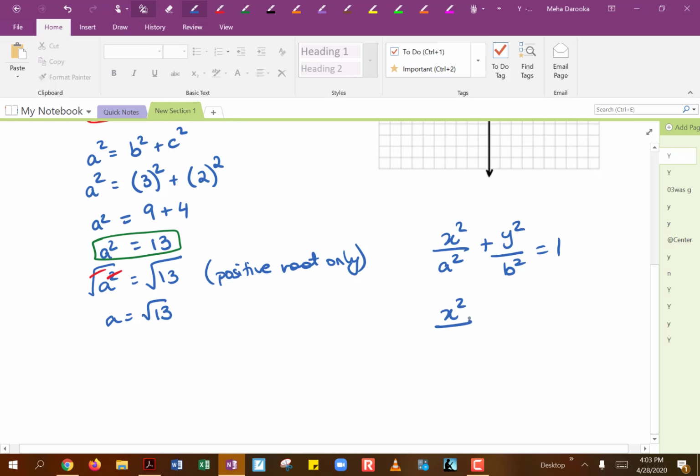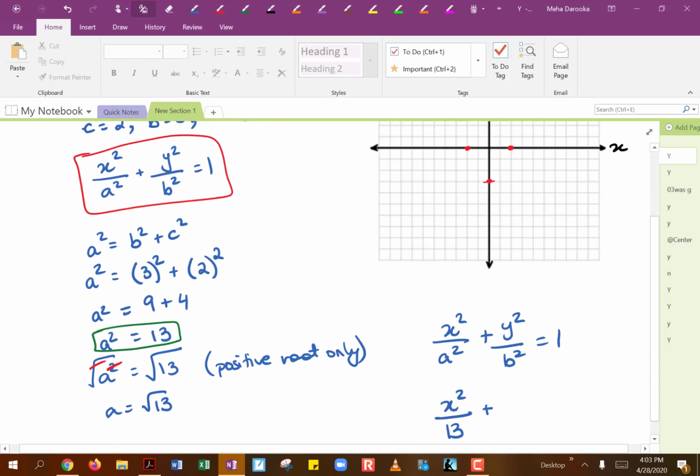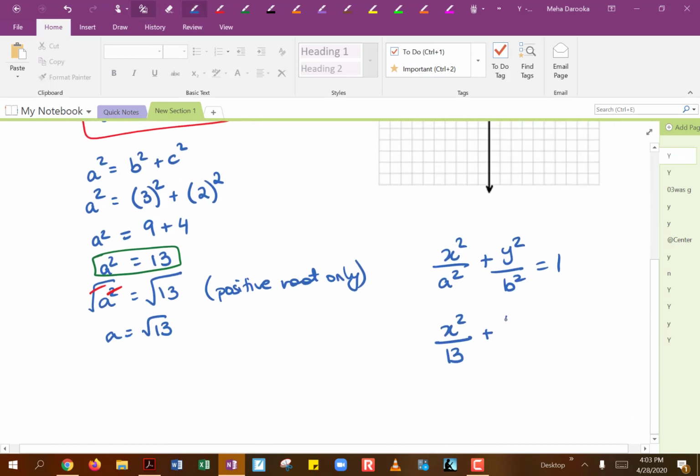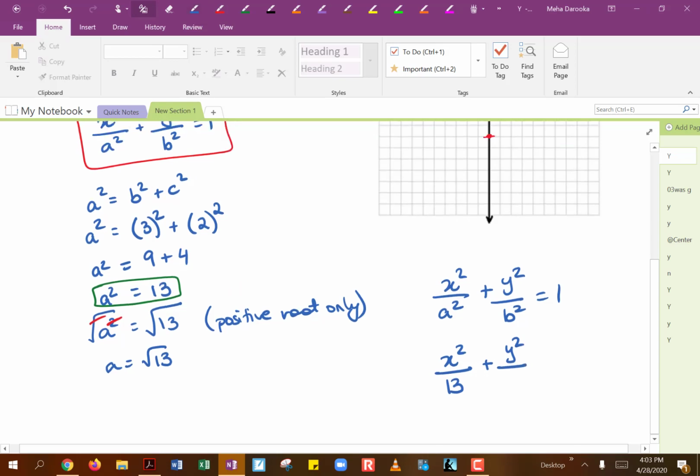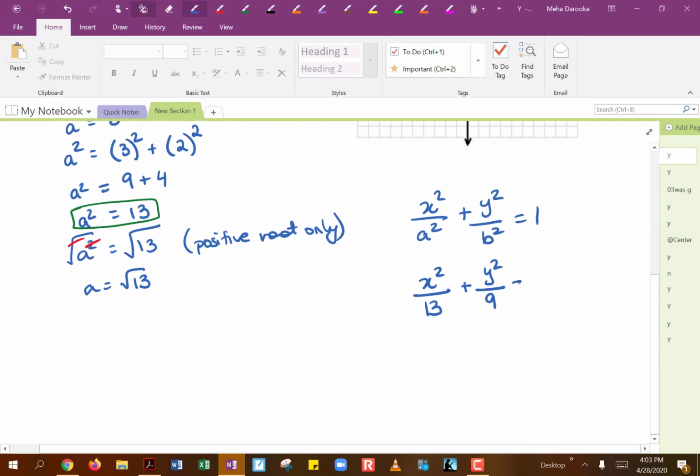So let's see, our a squared is 13. b is 3, so b squared is going to be 9. And this is going to be the equation of our ellipse.